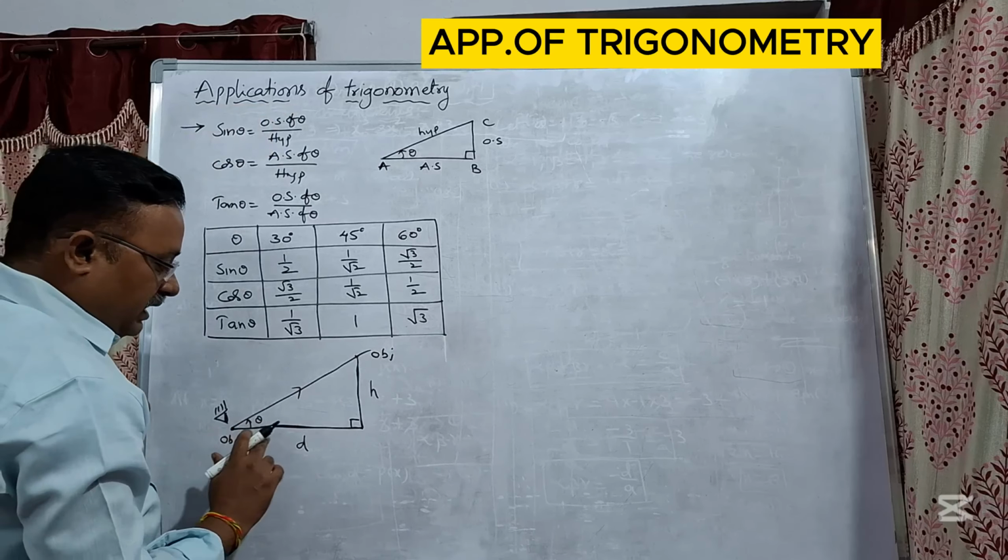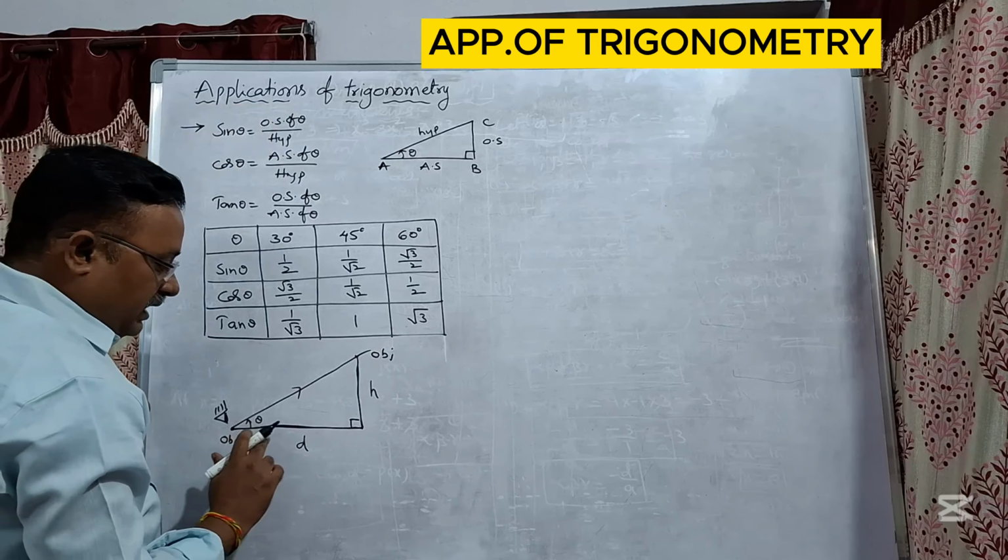If that person is going to observe an upper object like a tree, he will change the observation view to look at the upper object. So some inclination occurs by the change of view. That inclination is called the angle of elevation, which happens when looking at upper objects.